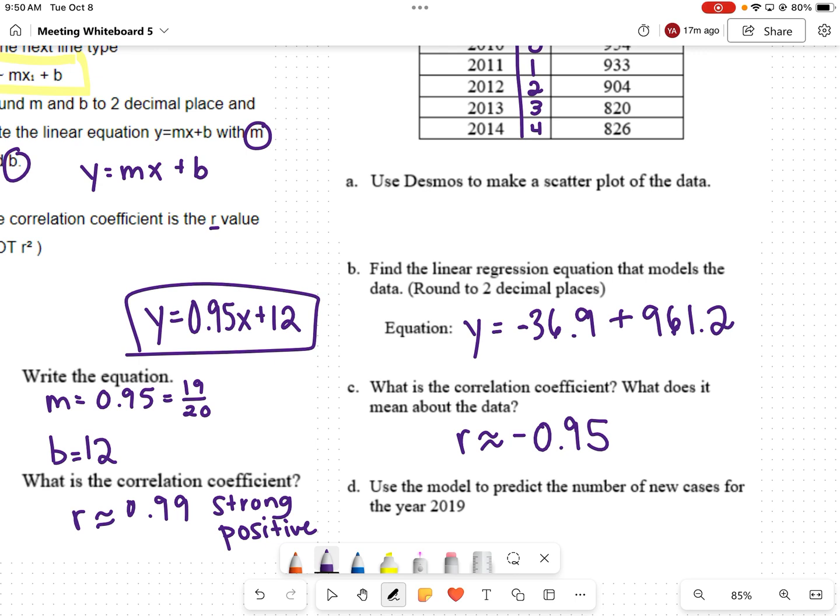Okay, is this strong or weak? Strong because it's close to 1, but is it positive or negative? So it's a strong negative correlation. That just means it has a negative slope.